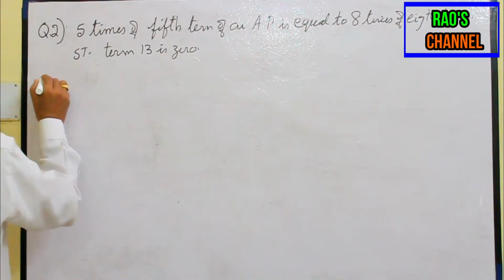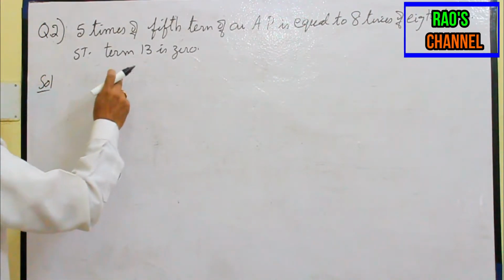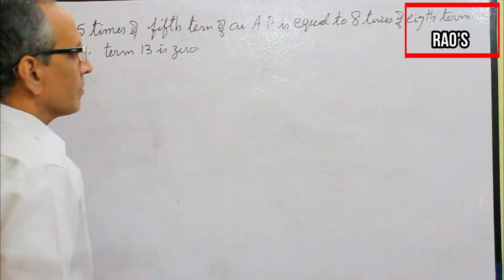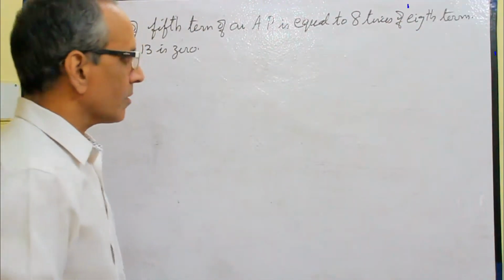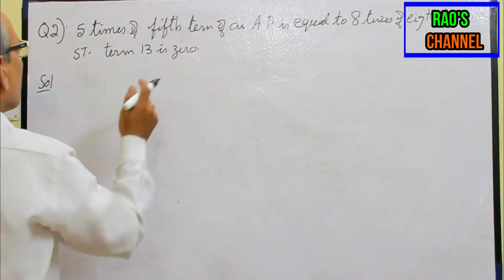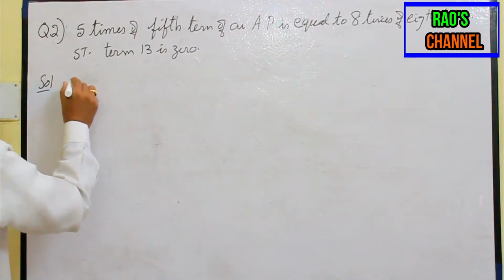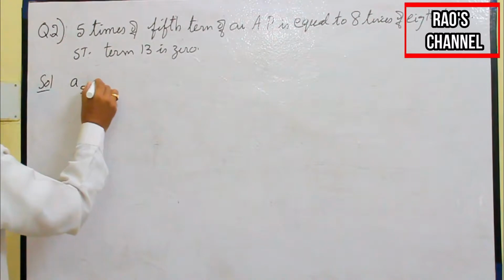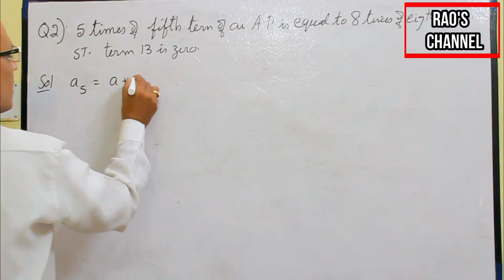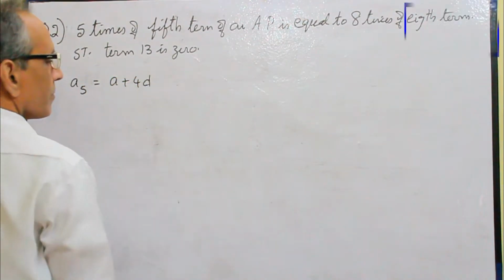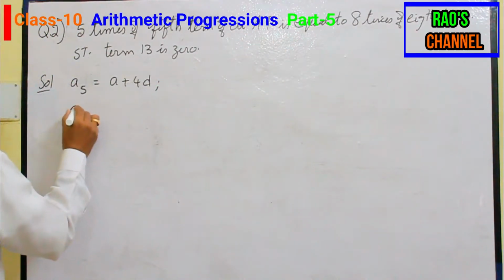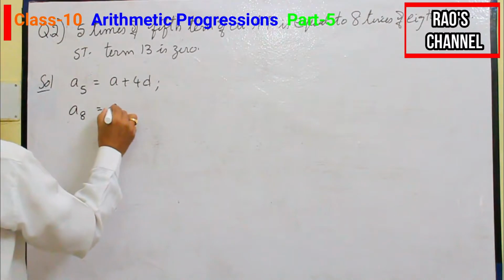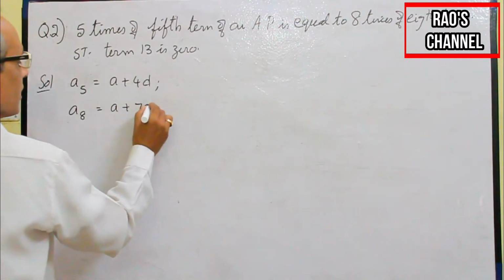From this question, we can define the 5 times the 5th term and also 8 times the 8th term. We can make both equal. So first, let's write the 5th term of the AP. A5 is equal to a plus 4d, we know. And the 8th term is a plus 7d.